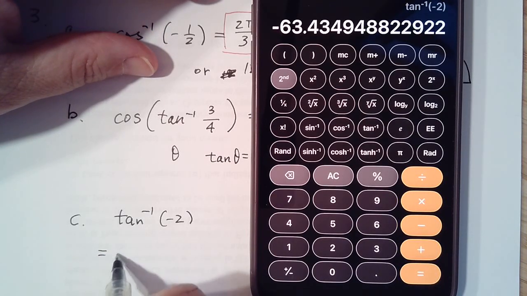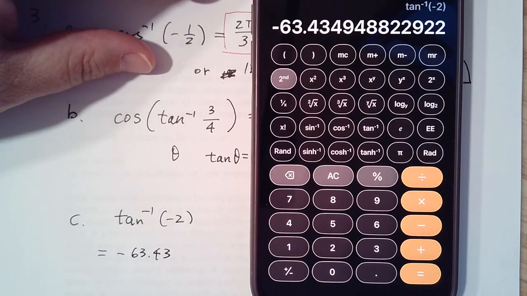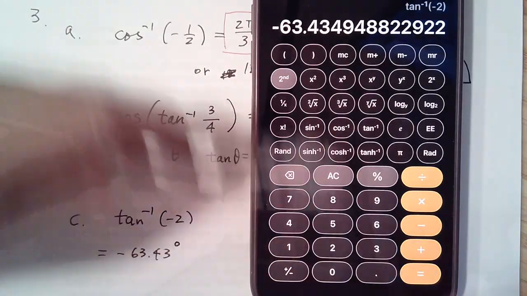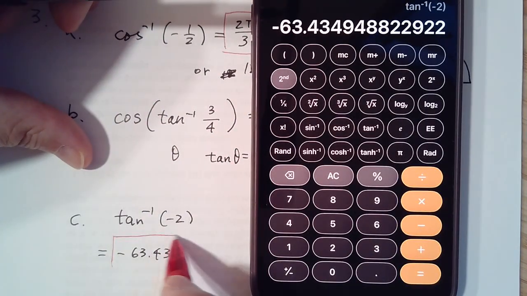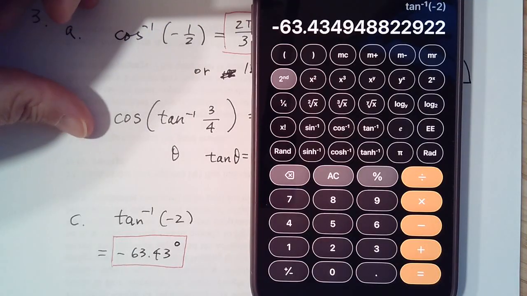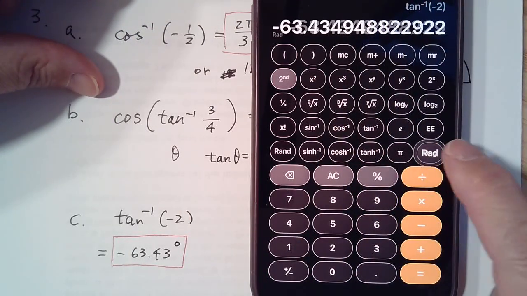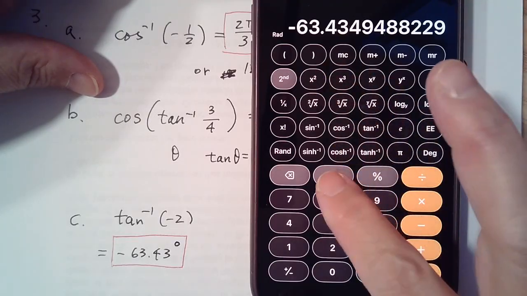So my answer is negative 63.43. You can keep 2 decimal places. That's good enough. But this is super important. You have to have the degree because you're using the degree. So your answer is negative 63.43 degrees.